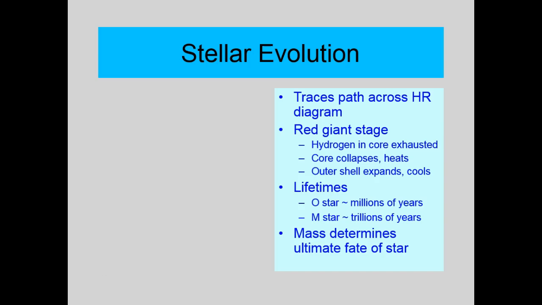The core is getting hotter, the shell's getting cooler. Okay? But it's getting bigger. That's why it gets cooler. So it cools down from being a blue star, a white star, a yellow star, an orange star, whatever. It cools down and becomes a red star. Okay? But it's a big red star, and that's why they call it the red giant star.